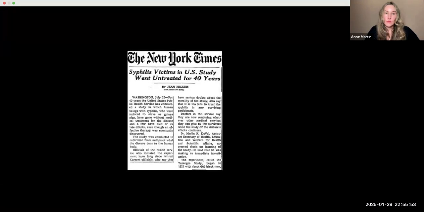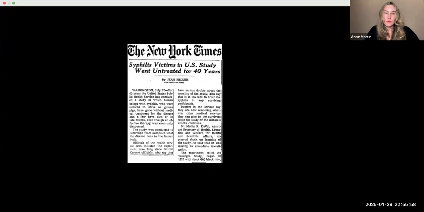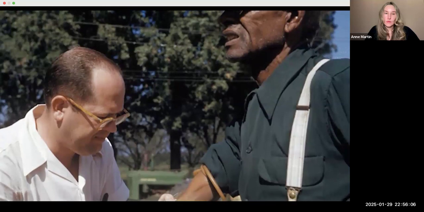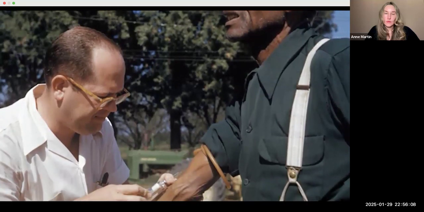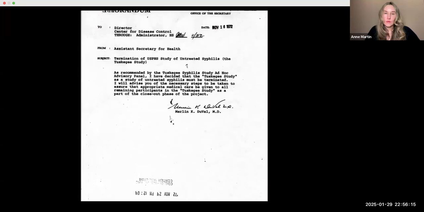And the most well-known and probably the most egregious historical abuse is the U.S. Public Health Service study of syphilis around Tuskegee, Alabama. And what had happened was for 4 decades, from 1932 to 1972, they specifically targeted Black men in the South who had very little education and followed them even though they had a treatment for syphilis and watched them as the disease progressed.